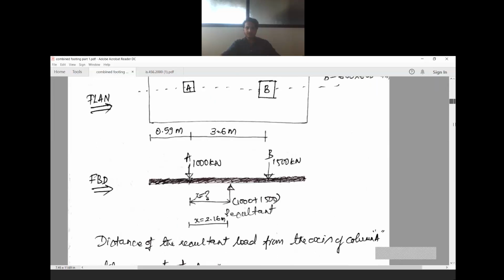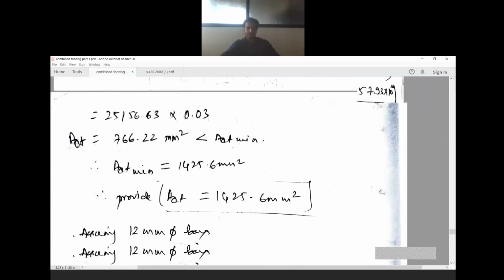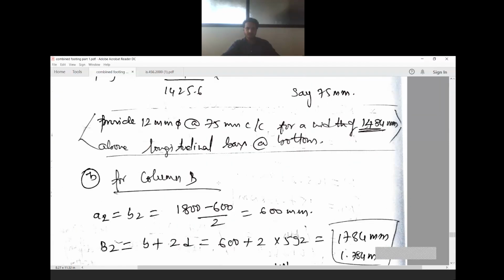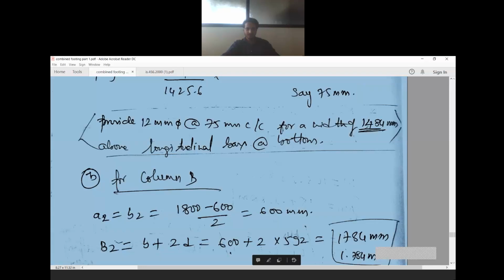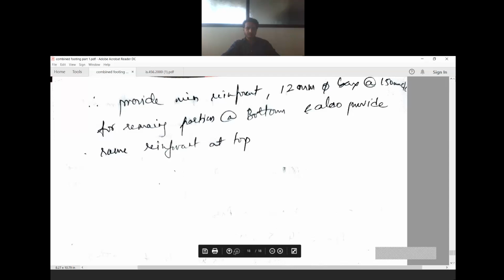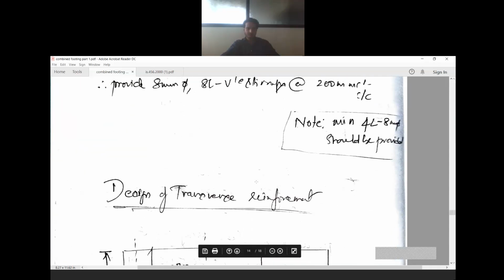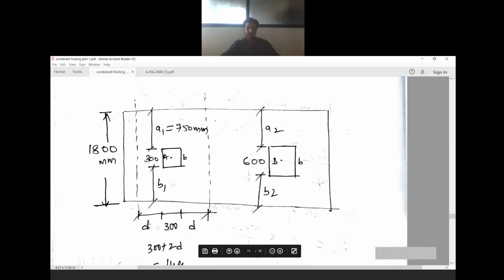Sorry, there is some mistake in the value while substituting here. Here I should have considered 400 mm, but by mistake I have taken it as 300 mm.